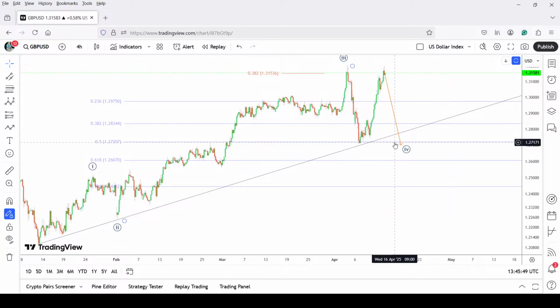The next potential entry on the long side could be back around the 1.2700 mark. Until then, aggressive shorts can be taken, but it's best to avoid them because we would be going absolutely against the trend.